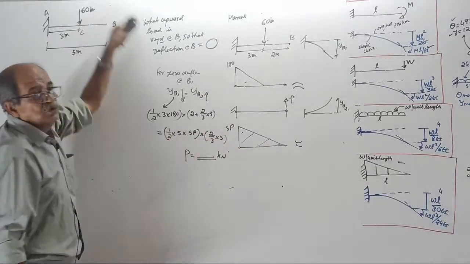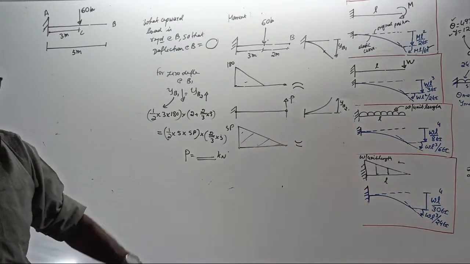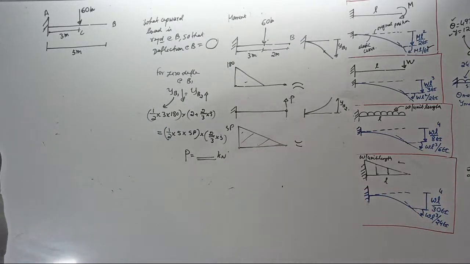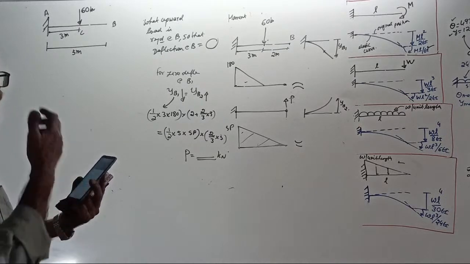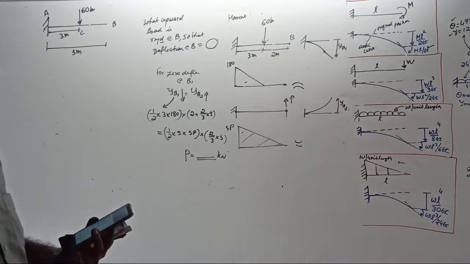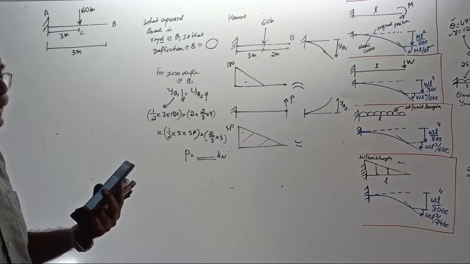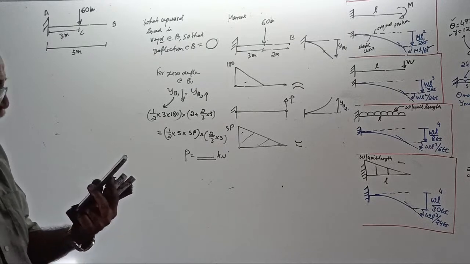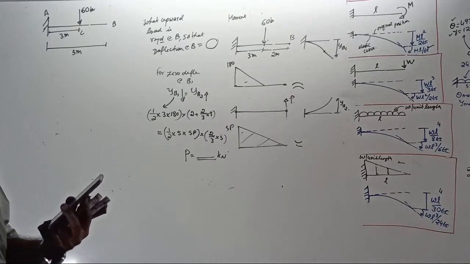You will get the value of P in kilonewton. Tell me fast, the value of P in kilonewton. First, what is P? Equate those two. This is an objective question given. Answer P. Fast.